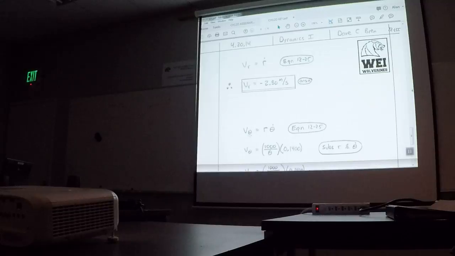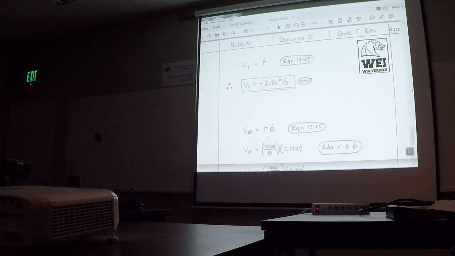The angular velocity is effectively the tangential velocity at an instant, the change in angle. I take the angle function, take the first derivative, and that's the angular velocity. Take the second derivative, and it would be the angular acceleration.